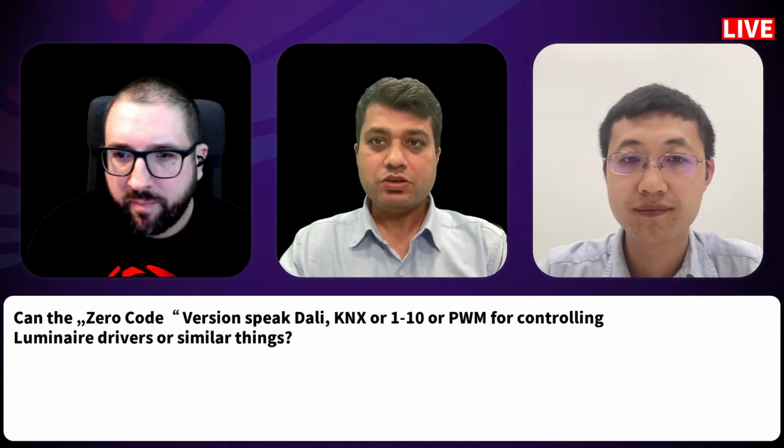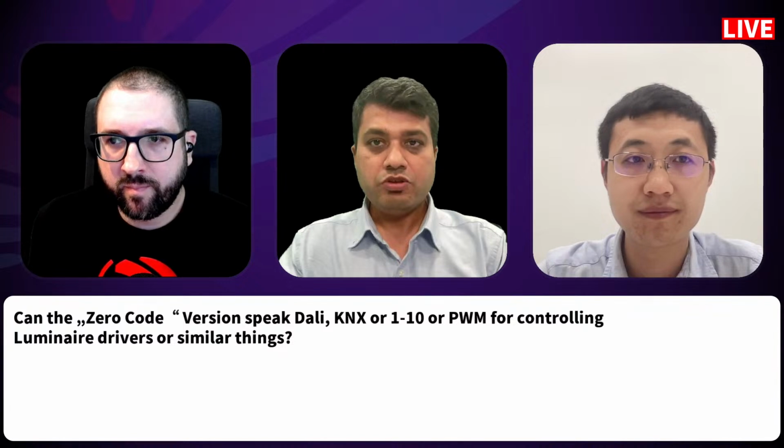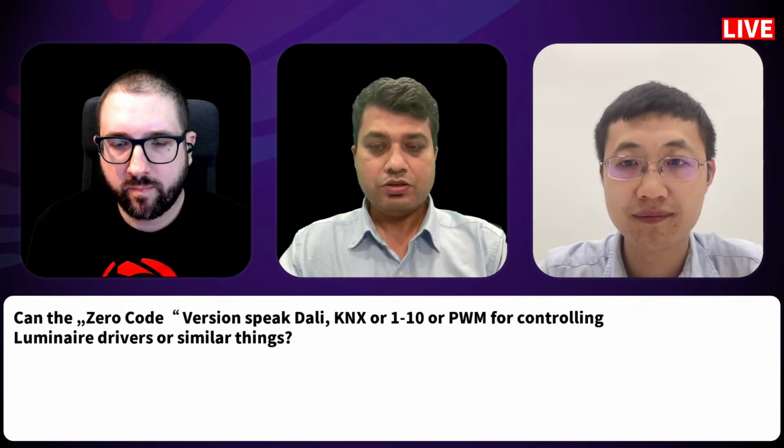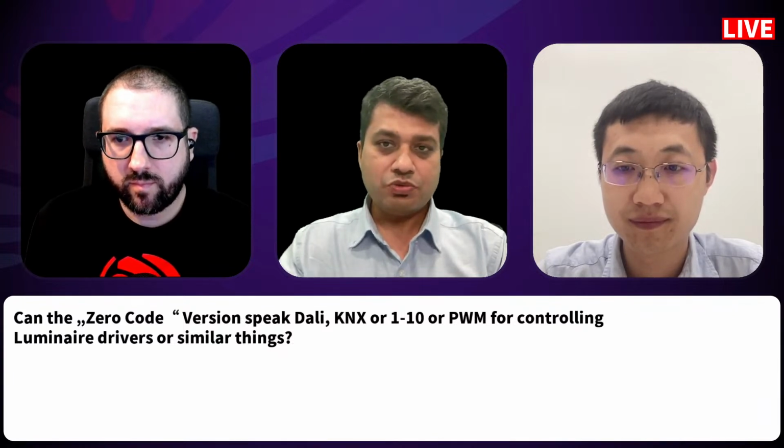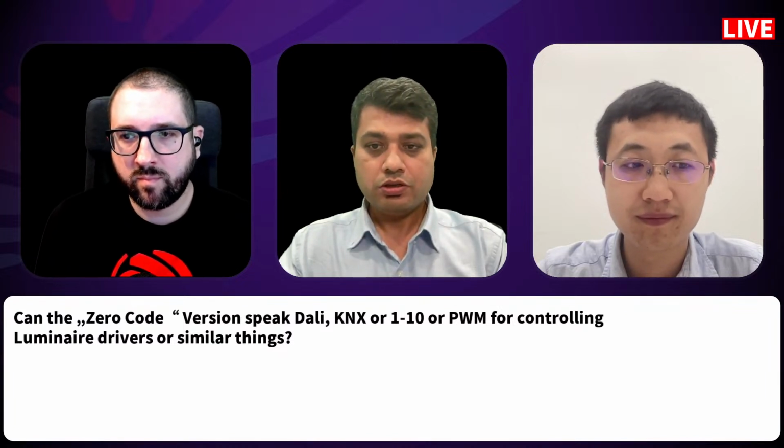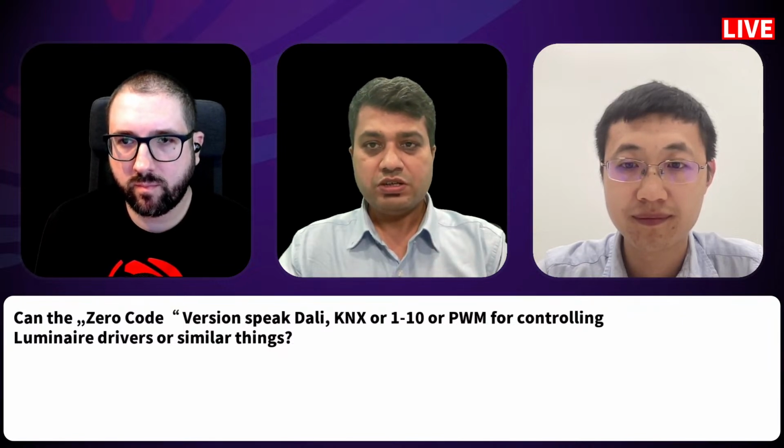Pedro, I'll take that question. Certainly. ESP Zerocode console and Zerocode firmware are a continuously evolving product. Right now, it supports PWM as one of the interfaces for lighting luminaires. However, we do plan to continue adding more interface support, such as KNX, DALI, or 0-10 volt voltage-based control. We plan to continue expanding the ESP Zerocode console with additional driver support and support for more modules from our side.